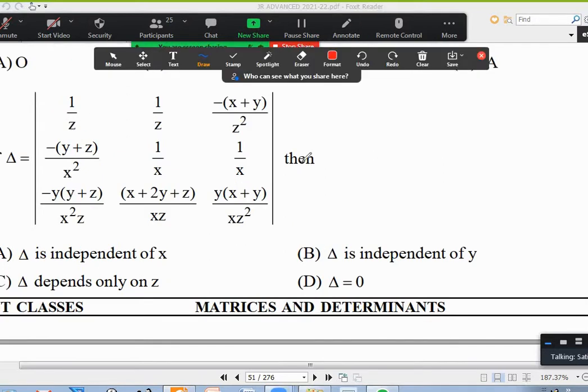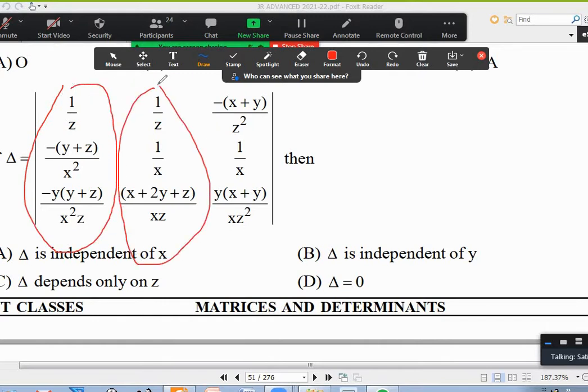So is it one row or one column? Can I prove directly 0? I'm just thinking that. If I multiply this with x by z, this with y by z, and add here, this will become 0. What will happen?